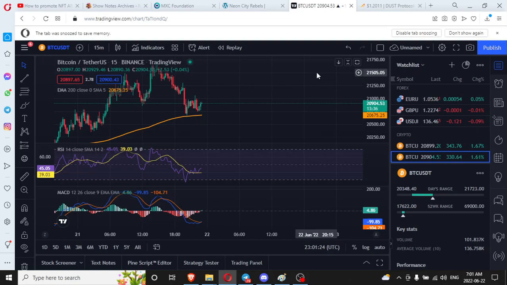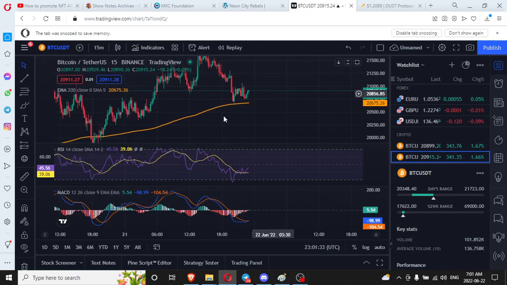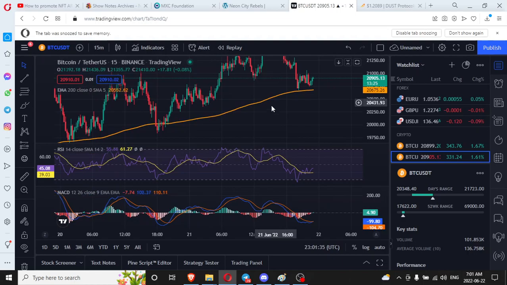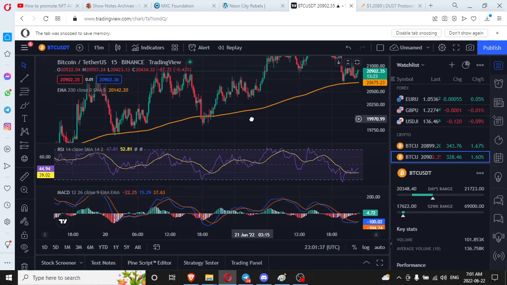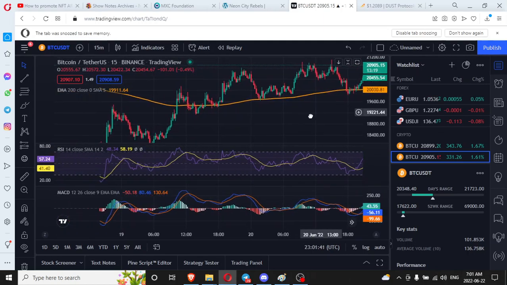What else? Also, when you're entering a position, I want to explain one more concept that separates newbies from good retail traders: you always gotta wait for a short squeeze.